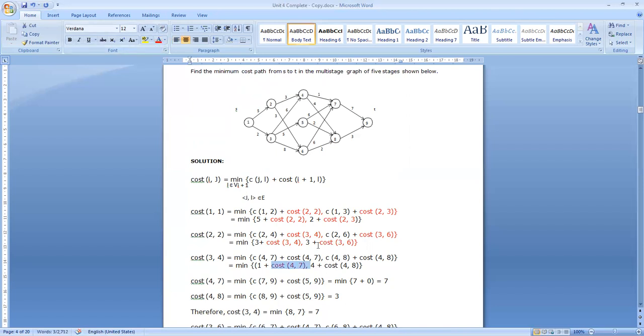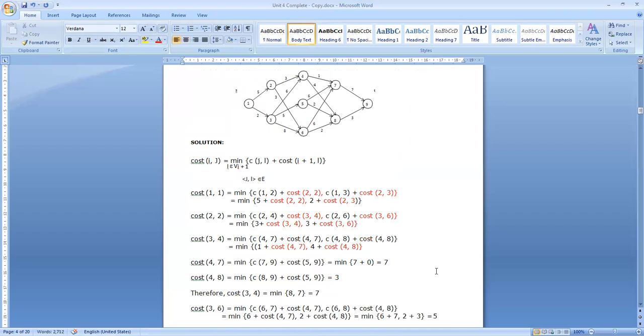Then C48 is 4 plus cost of 4 comma 8. Okay, this we have to find and supply it here. Now, this C47, so cost of 4 comma 7 we have to compare.